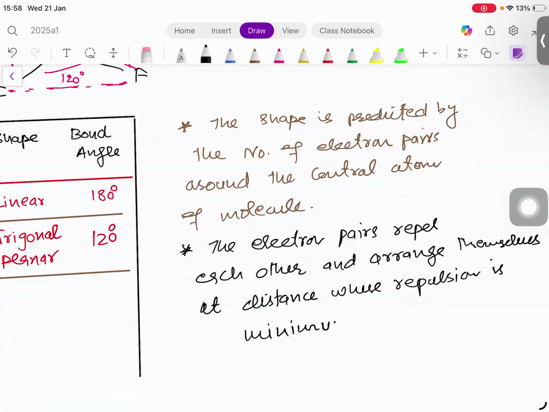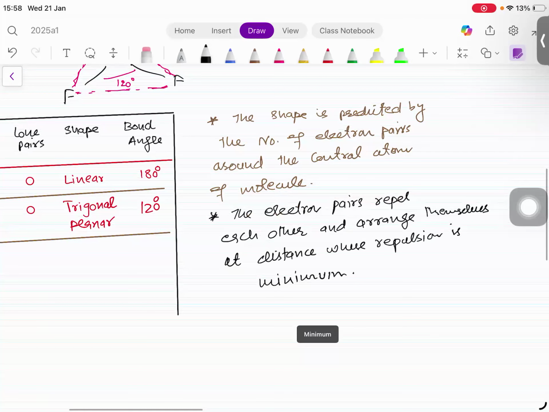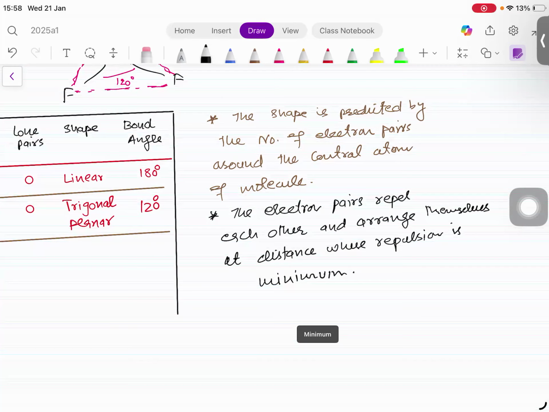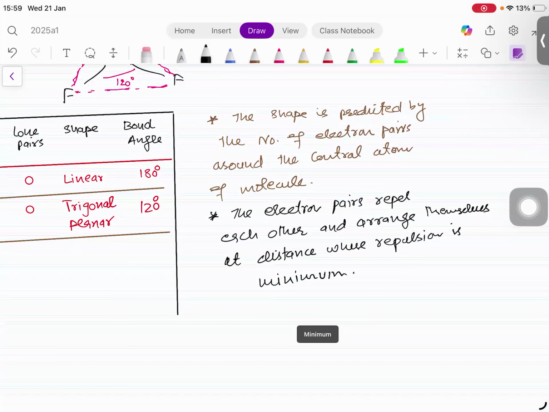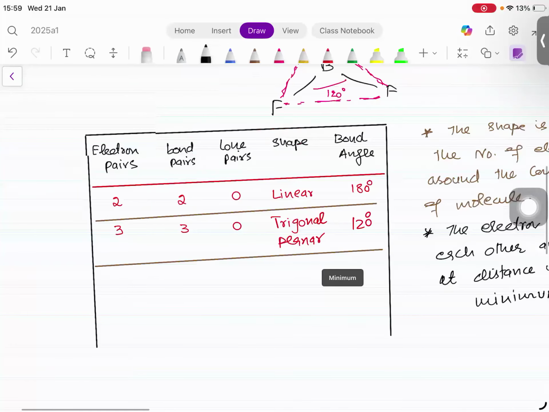As I said, the examiner doesn't need you to write these wordings. This is for our own reference. So we just have to draw the diagram and be able to identify the bond angle, right? Now this is not limited to these molecules.